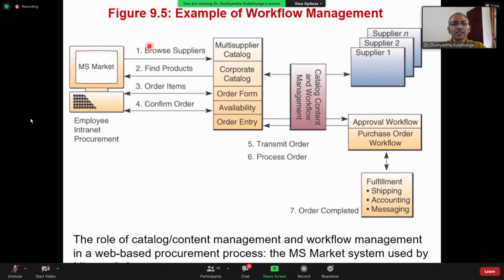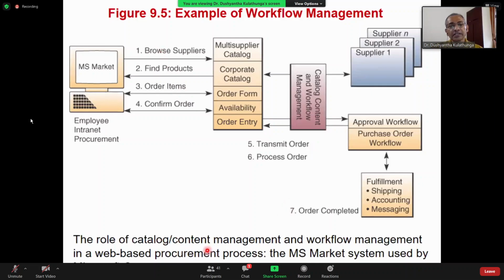What are the 7 tasks? Browsing the suppliers, finding products, order items, confirm order, transmit order, process order, and order completed, order fulfillment. That is the final task. And there is a sequence of tasks that we perform starting from number 1 and going up to number 7.